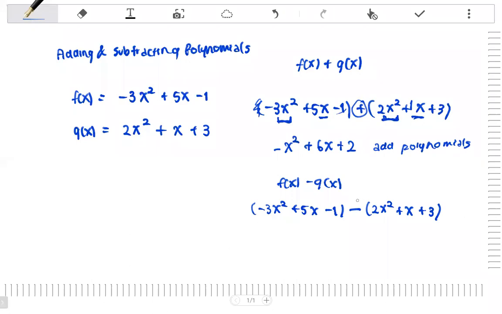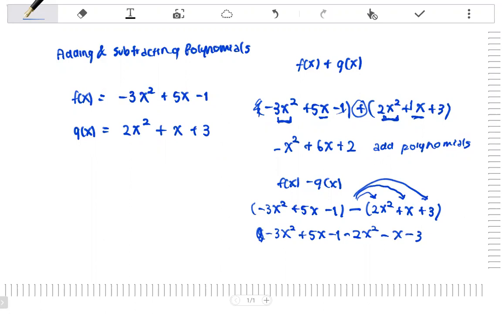So this is called the distributive property. We just distribute the negative, right? So if I write this, it's going to be -3x squared plus 5x minus 1. I'll delete the parentheses. Minus 1 minus 2x squared minus x minus 3. That makes sense, right? Yeah.